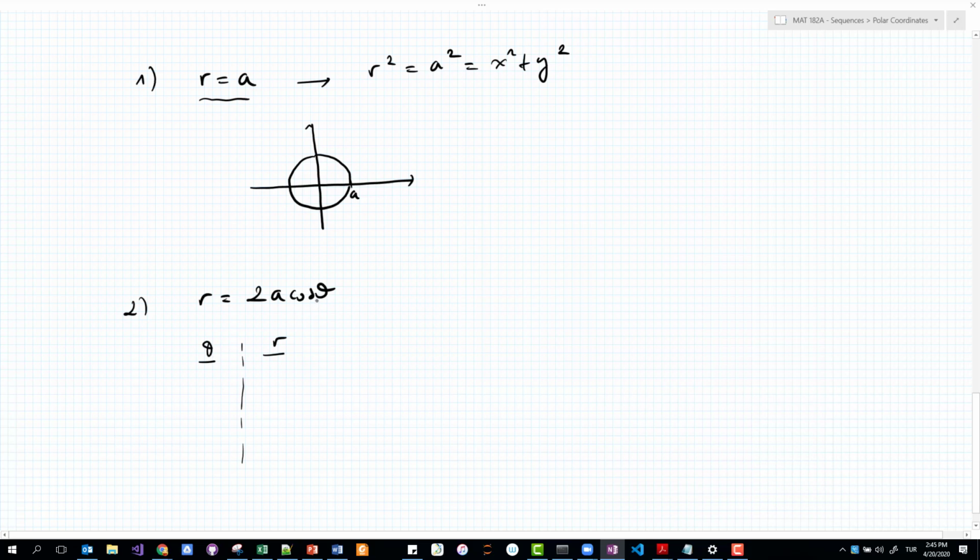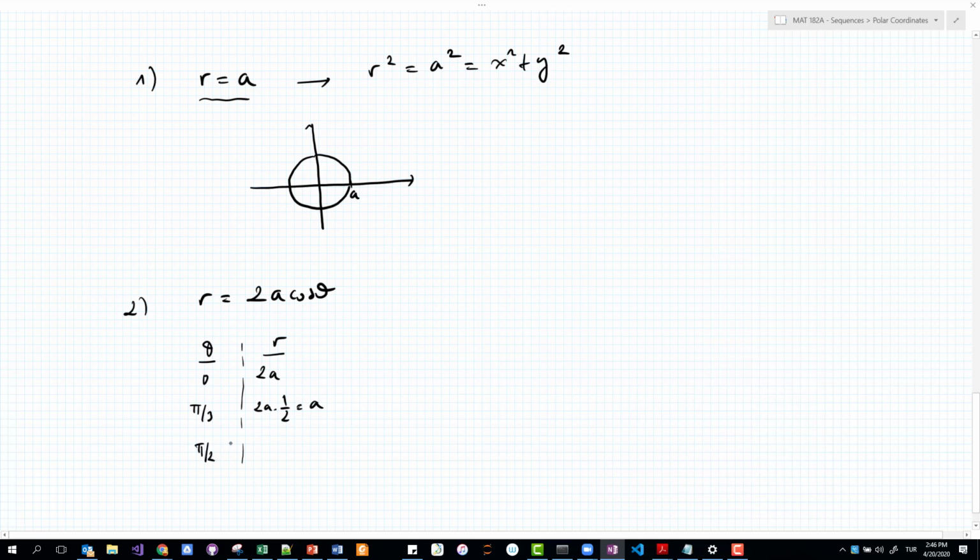When theta is equal to 0, cosine 0 is equal to 1, and then r is going to be equal to a. And when theta is, let's say, pi over 3, cosine pi over 3 is equal to 1 over 2, and 2a times 1 over 2 is equal to a. And I can continue with this.